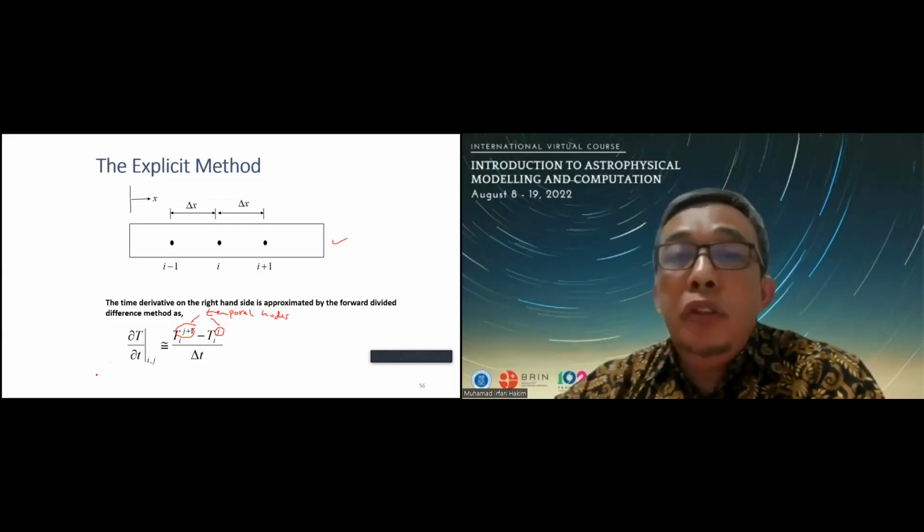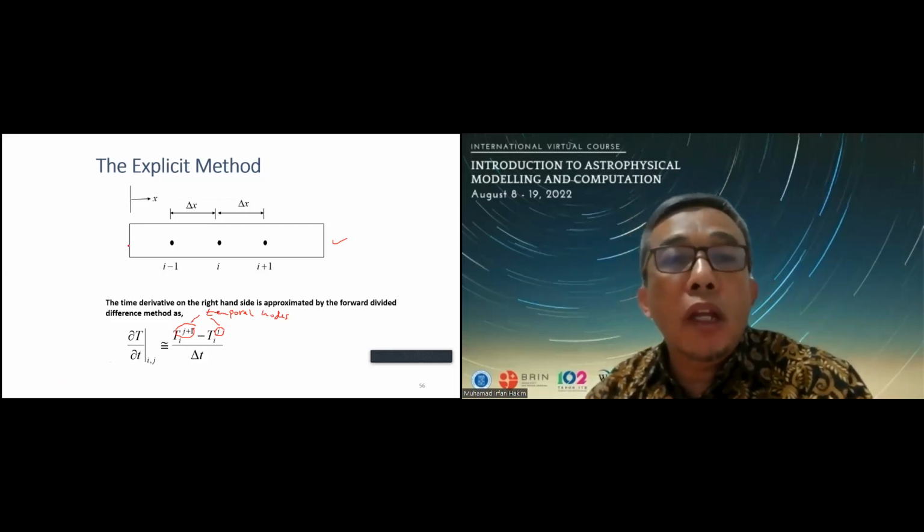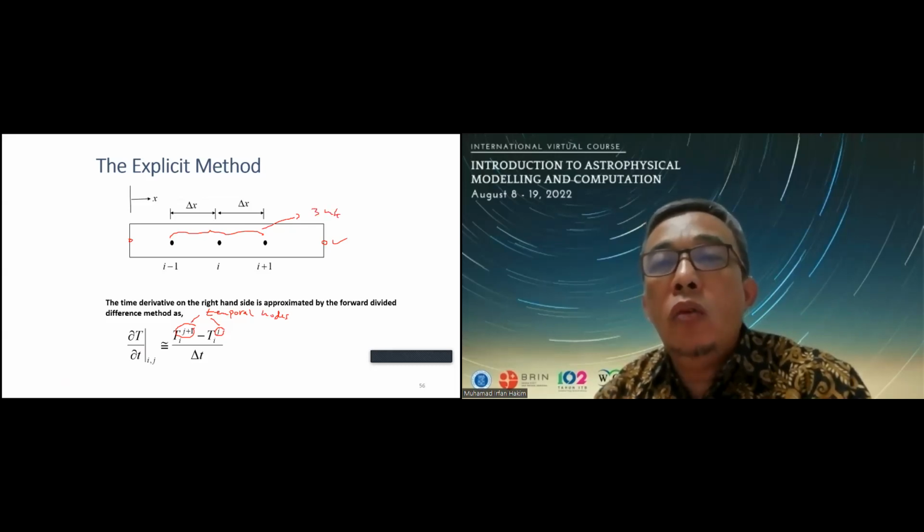Back to here, if you know the boundary values on the left, for example, and on the right of the rod, and you know how many internal nodes there are, we can see here that we have 3 unknowns.